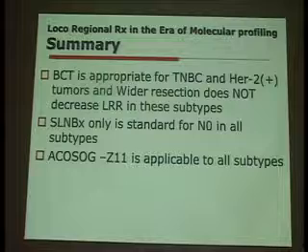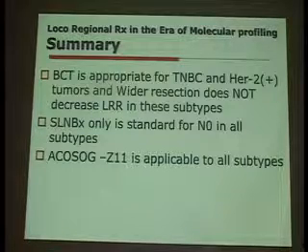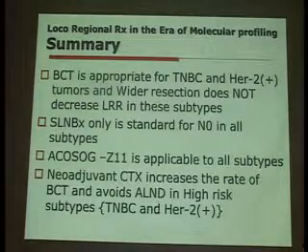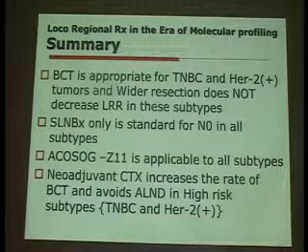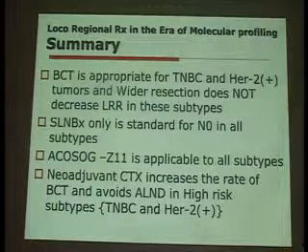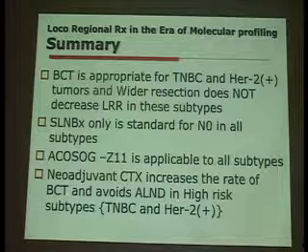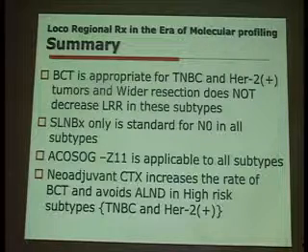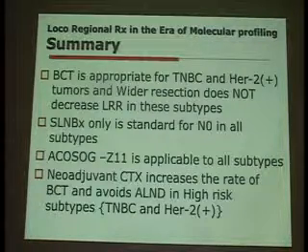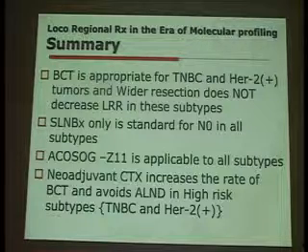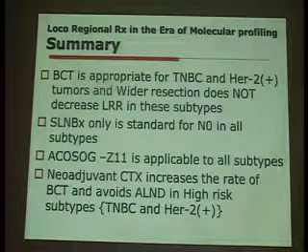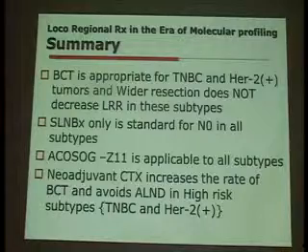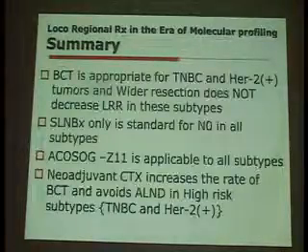And the ACOSOG Z11 trial should be applied on all subtypes, and I strongly recommend using neoadjuvant chemotherapy because it increases the rate of breast conservation, and particularly in patients that you know have node-positive disease, because you could downstage the axilla and avoid axillary node dissection, which requires more surgery.